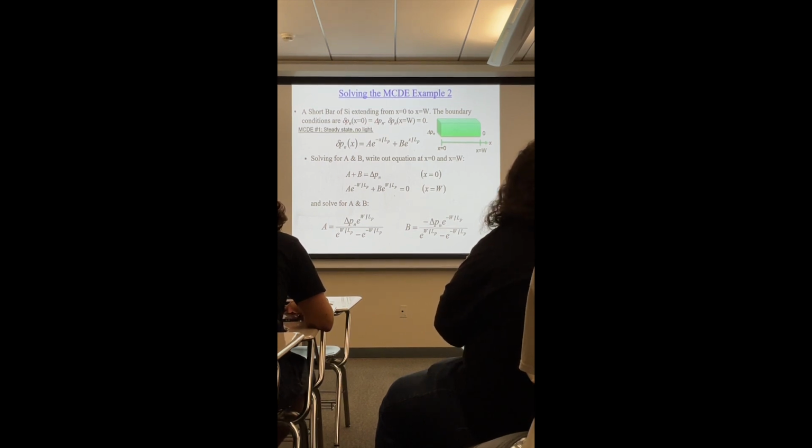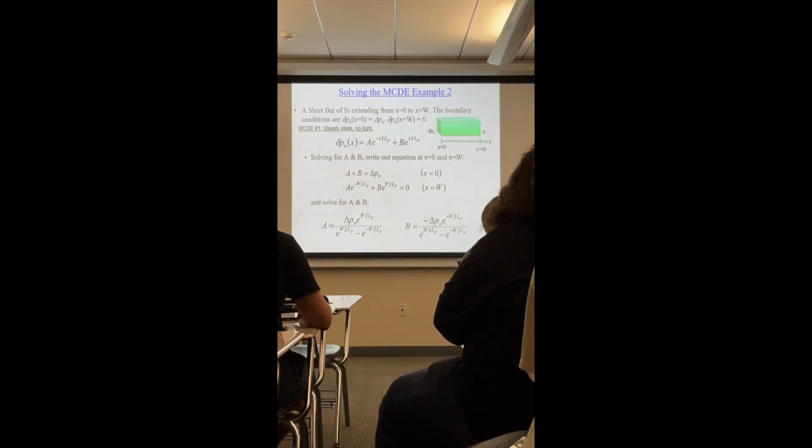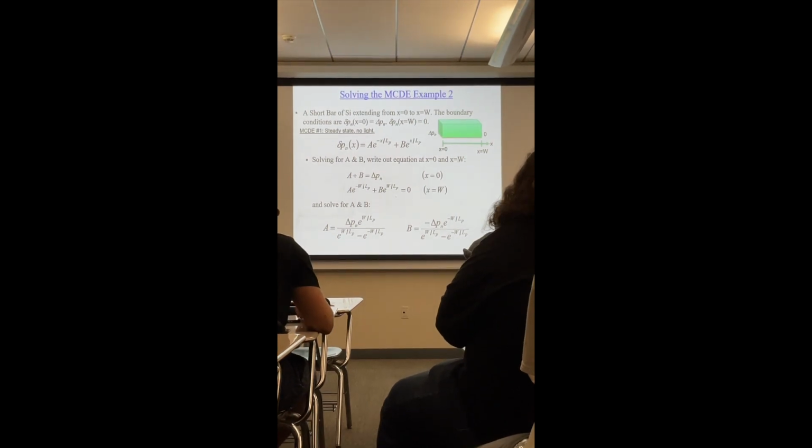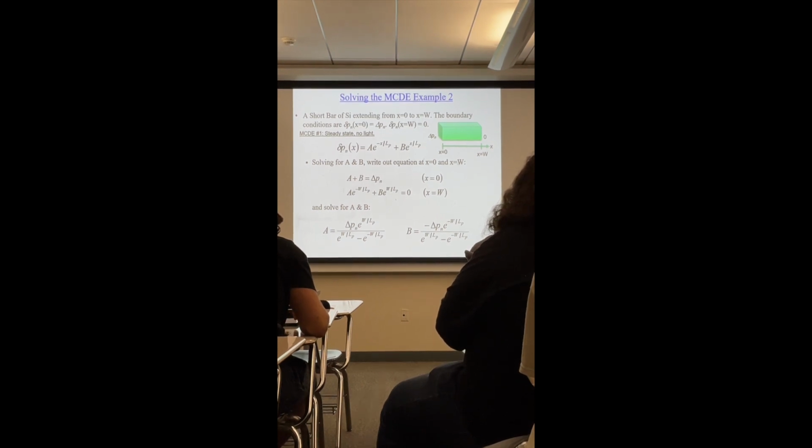When x equals W, delta Pn is 0. So we can write out these two equations with two unknowns and solve for A and B.